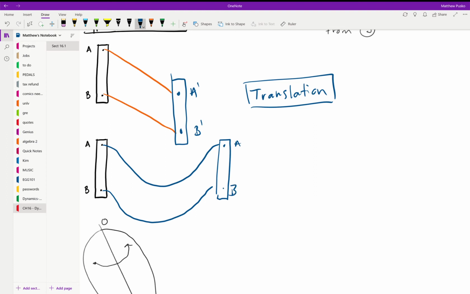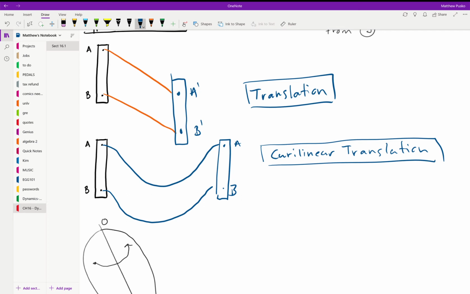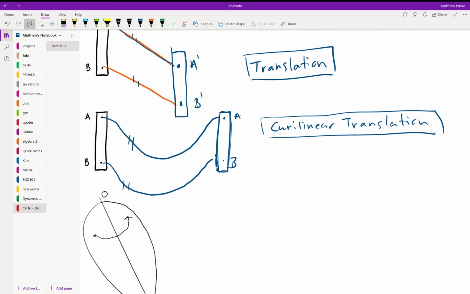We would call that a curvilinear translation. So one moves in straight lines, right? The other has a curved path, but the key is there's no rotation about A or B, and these lines remain parallel to each other when looked at from our perspective. If they were not, we would have some sort of rotation.